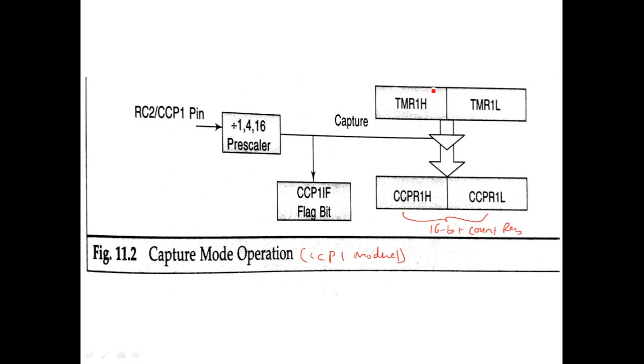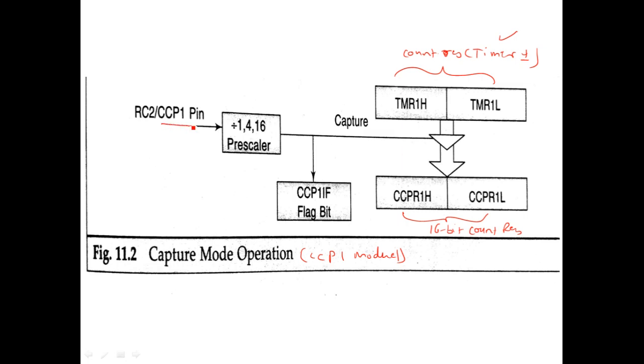Now this is the 16-bit count register of timer 1. So when you are operating this module in capture mode, timer 1 will be used by default. The operation is simply like this. Just now we have seen that there is a pin associated with this module.